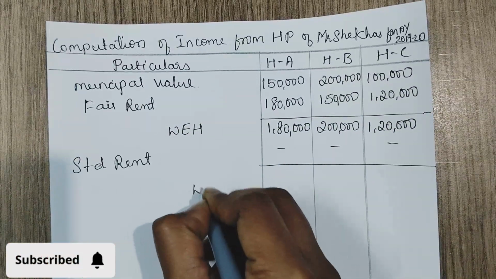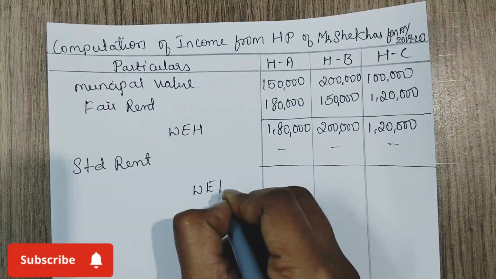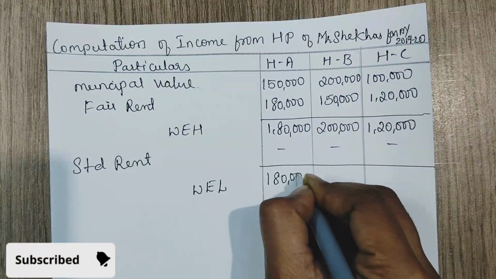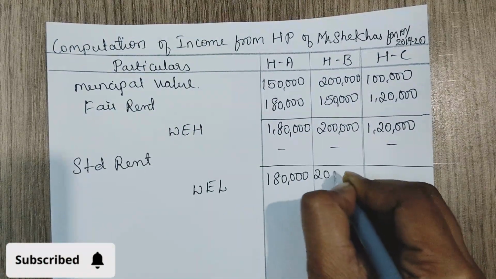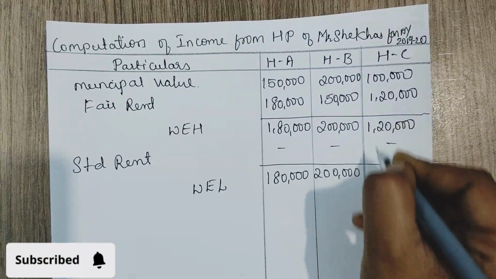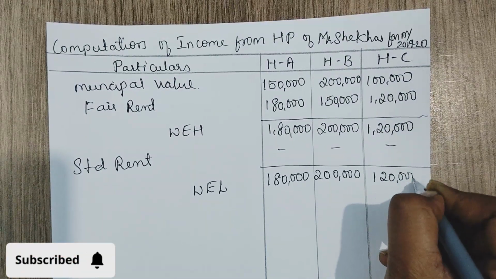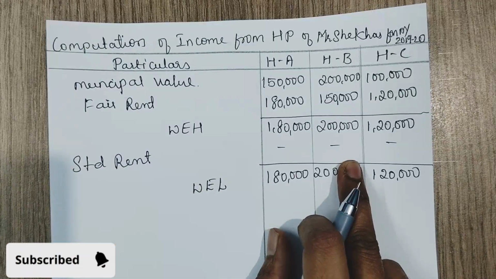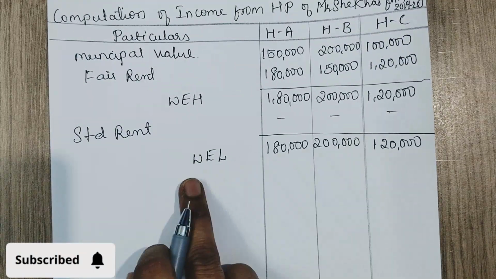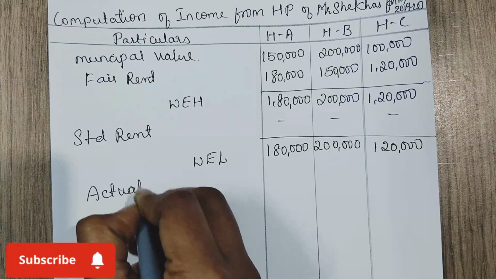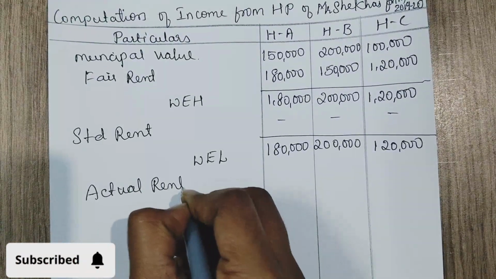Whichever is lower will be called expected rent. Expected rent, as it is we are writing whatever is in the notional rent column because standard rent is not given. Now with this expected rent you are comparing the actual rent.